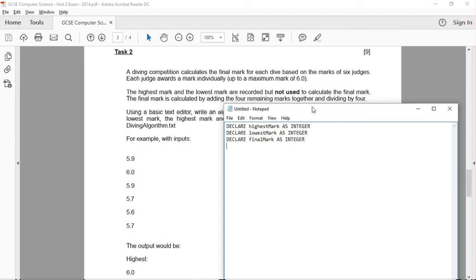We're also going to need each judge to input their score, so we're going to declare current judge's mark as integer.